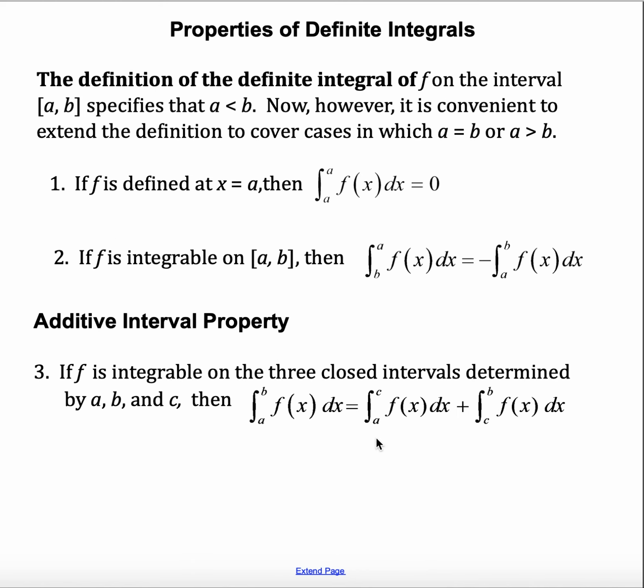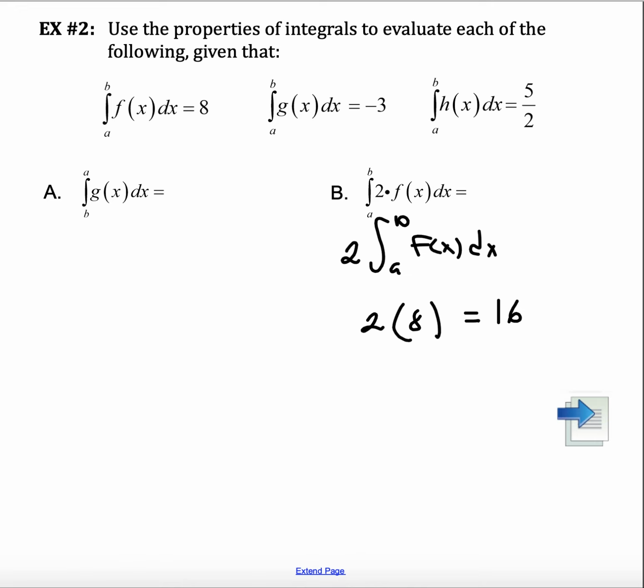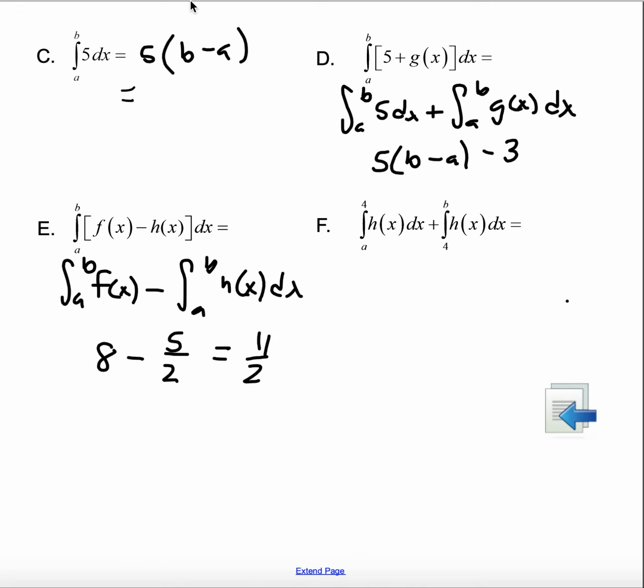It was this property here, the additive interval property, where the integral from a to b can be seen as the addition of two integrals over two intervals that you're splitting, a to c and c to b, but together you would go from a to b. So that's what they're doing in this problem.